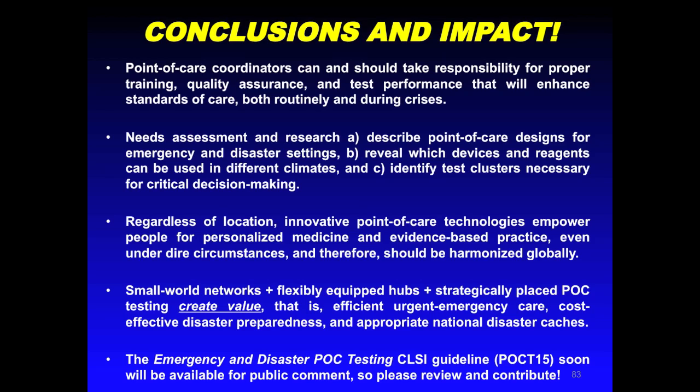So the picture here is one of a holistic approach rather than an incremental or piecemeal or partial approach, where we're going to embed our resiliency directly in the community by appropriately placing point-of-care, training people, developing the point-of-care coordinator expertise and background that are necessary to implement things in times of crisis. This is really how we feel we're going to enhance crisis standards of care.